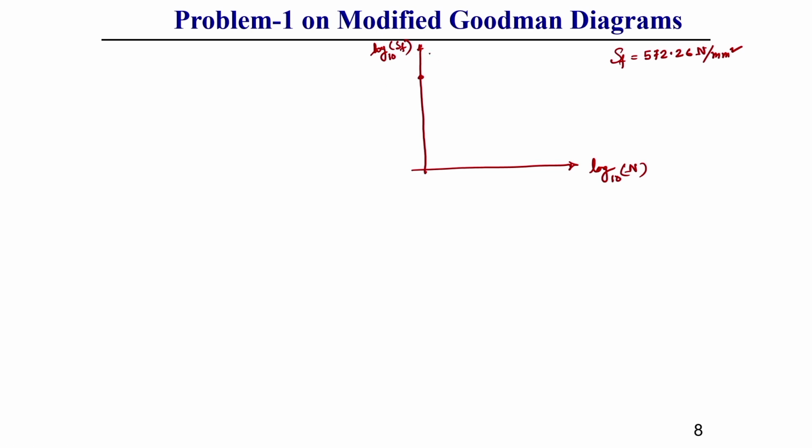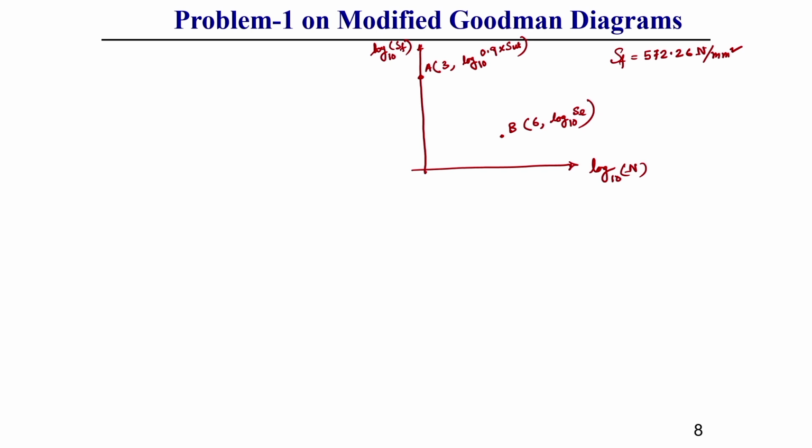For drawing the SN curve, first of all we need to consider a point A. Let us consider this point as 3 comma log10 0.9 into S ultimate strength. I have already explained these things very clearly. And another point B we need to define, that B is 6 comma log10 S endurance strength, which I have already calculated.